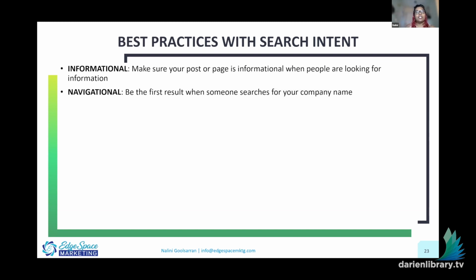When someone is searching navigationally for your business, you want to be the first search result when someone is searching for your business name or your company name. This could be challenging if you have a very competitive business name. For example, I worked with someone whose business name was also the name of a university. That university has thousands of pages.